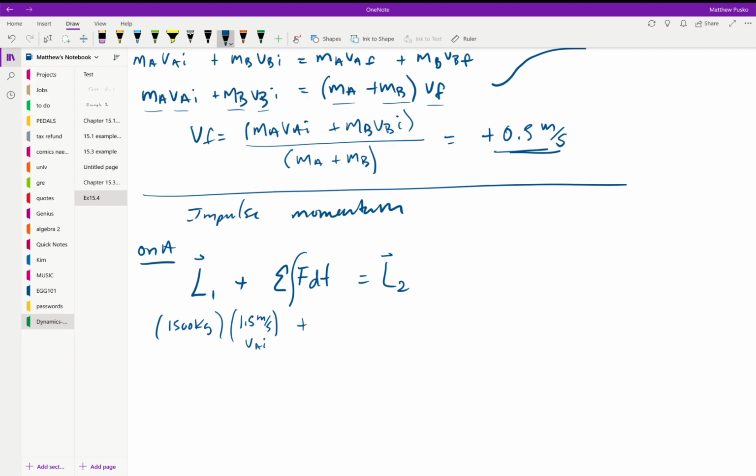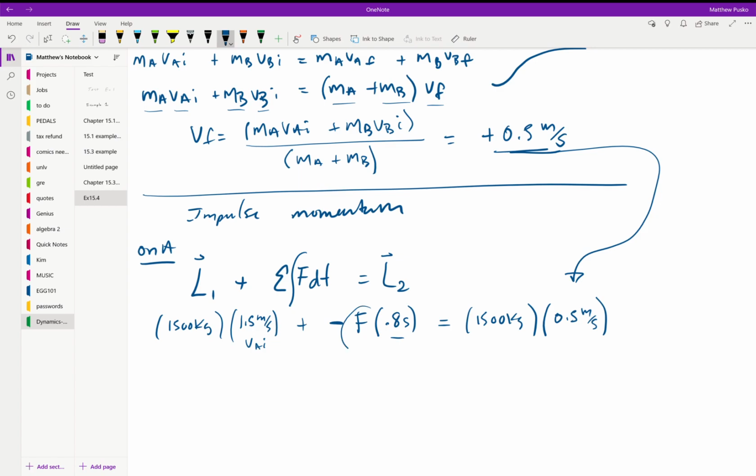Some impulse is applied. It's going to be a negative force, and they told us what's the force if the impulse was applied for 8 seconds. And that's going to give our 1500 kilogram mass some new velocity, and we figured out what that new velocity is already. A positive 0.5 meters per second.